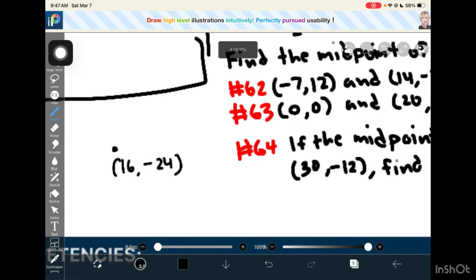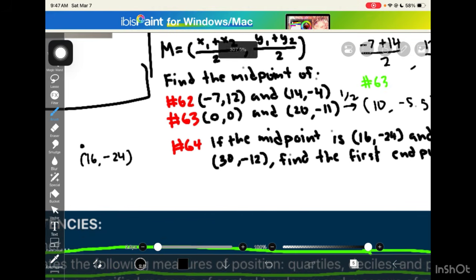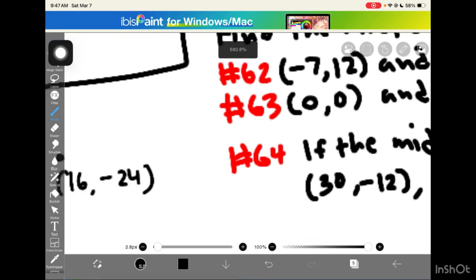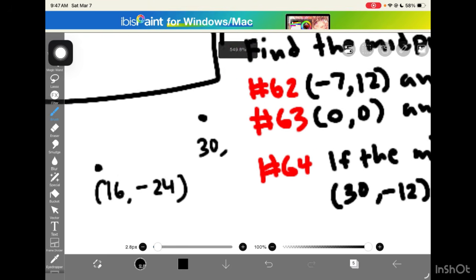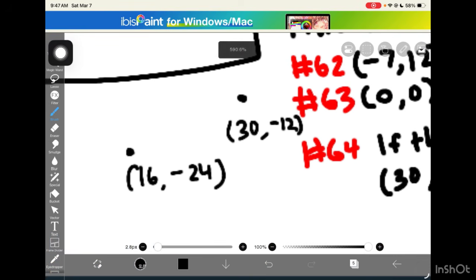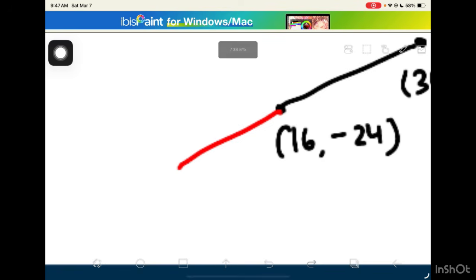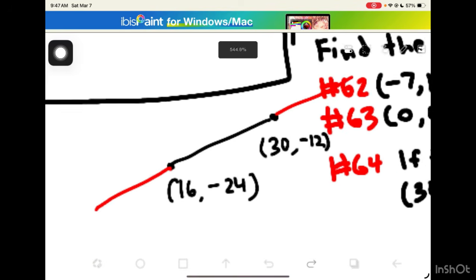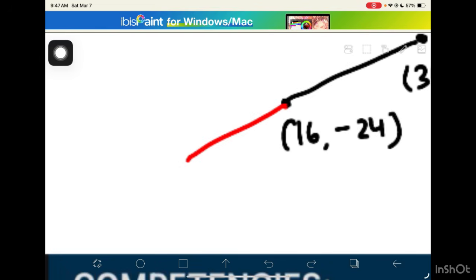So we went, this is our x coordinate went up and our y coordinate also went up. So we're going here, 30, negative 12, right? So that means to complete the line, we need to find this segment over here. Because usually, sometimes you end up finding this segment. Now, this becomes the midpoint, so it's wrong. So we need to find this segment over here.